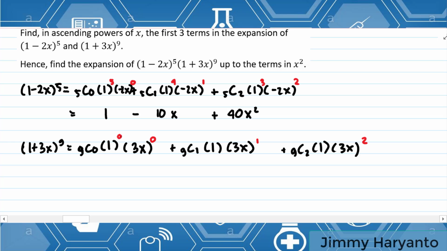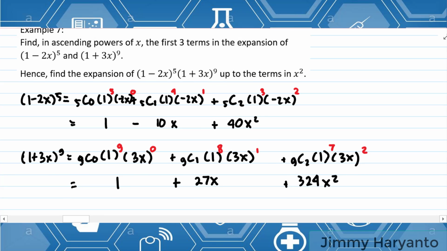This one is the opposite, 9, 8, 7. So this one will be 1. This one is 9 times 3, 27x. And this last one, 9C2 times 9, 324x squared. Okay guys, this is the first question.